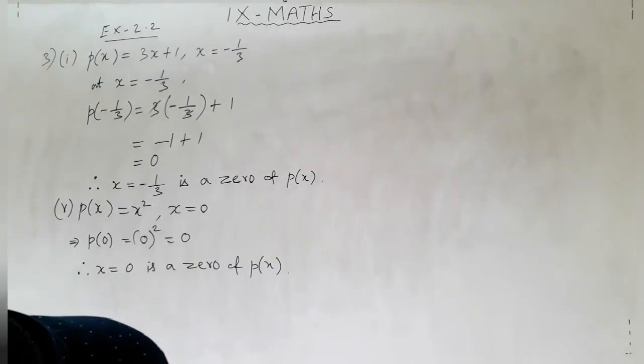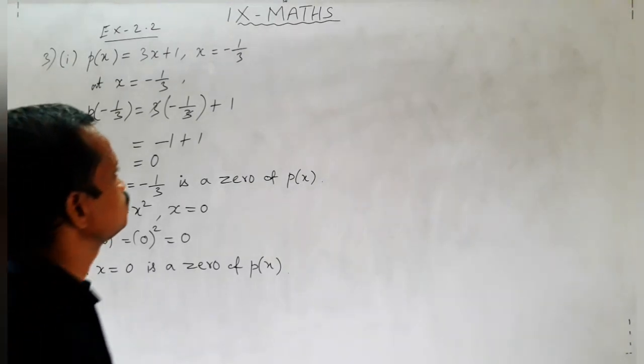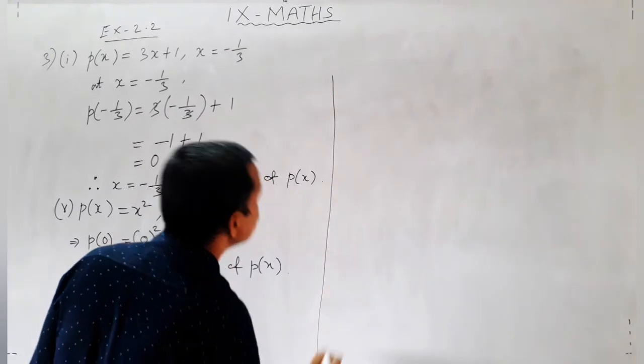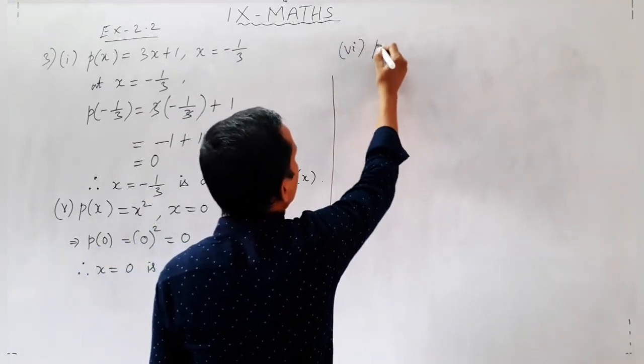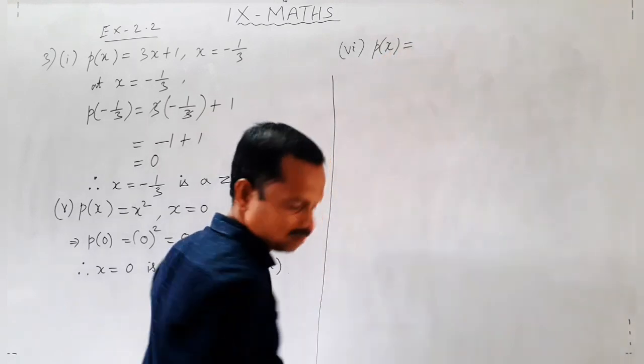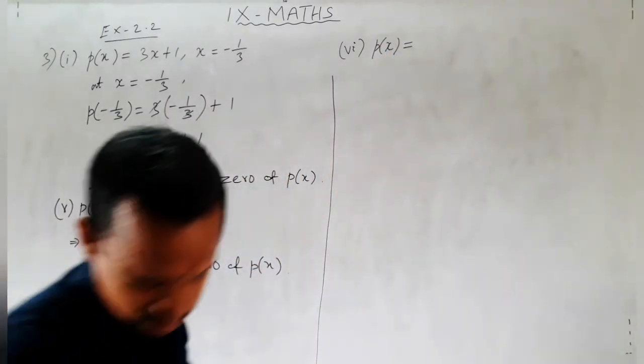And the next, option 6. P of x is equal to Lx plus m.